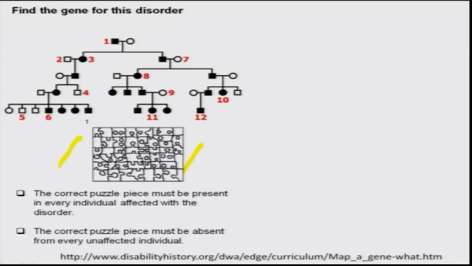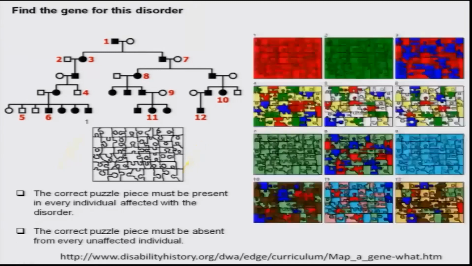The correct puzzle piece must be absent in every unaffected individual, because you are talking about a dominant disorder and we are assuming here it is 100% penetrant. You would expect that if I carry the mutant allele, I would definitely show the symptoms, the phenotype. So, if I am not showing the phenotype, that means I am not carrying the defective gene. We have to use this logic to identify which is the puzzle piece.